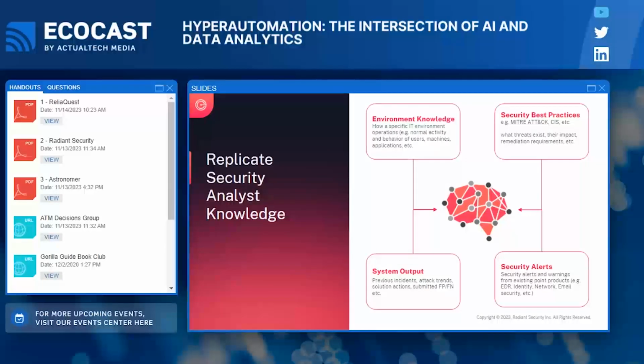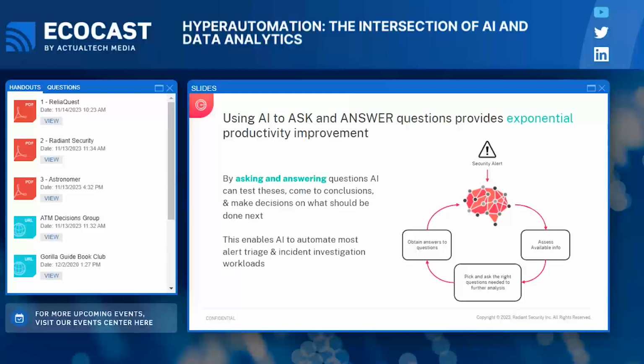Now, here's where things are going to change. Instead of just making an AI that helps you to answer questions, if you can create a feedback loop by making an AI that can both select the questions and find the answers, you can get to a world where you have exponential productivity improvement. If we look at the diagram, essentially we start with the security alert.